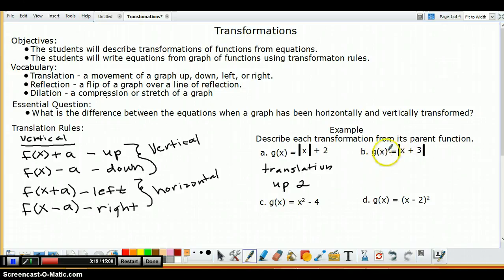If we look at b, g of x is equal to the absolute value of x plus 3, where now plus 3 is on the inside. So if we look at our inside, plus a means left, so plus 3 means that it's a translation left 3.